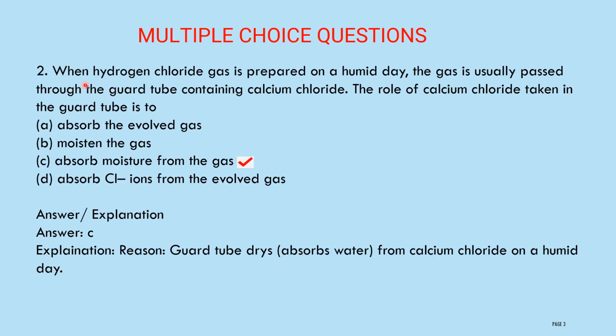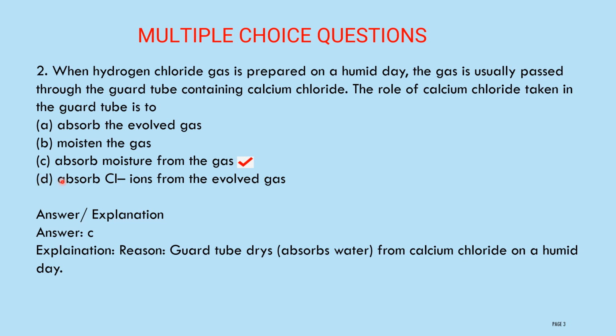Second question, when hydrogen chloride gas is prepared on a humid day, the gases usually pass through the guard tube containing calcium chloride. The role of calcium chloride taken in a guard tube is to, first option, absorb the evolved gas. Option 2, moisten the gas. Option C, absorb moisture from the gas.